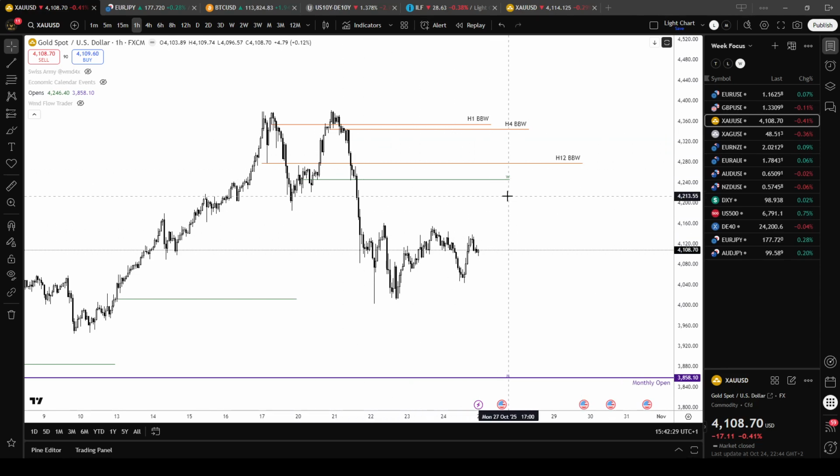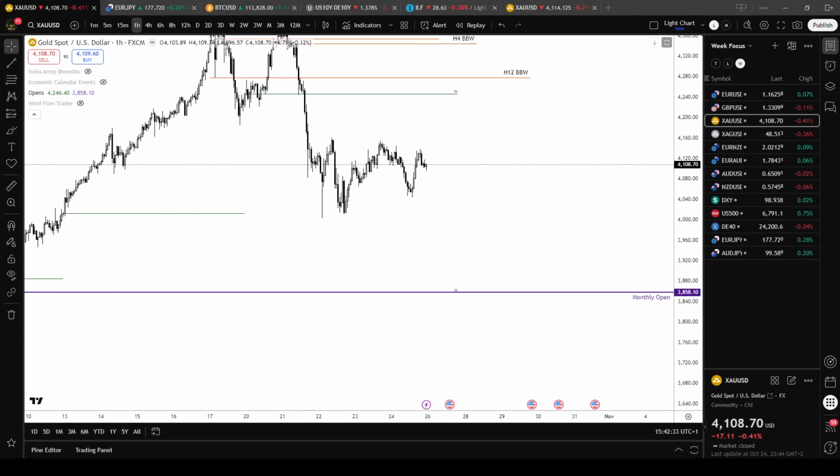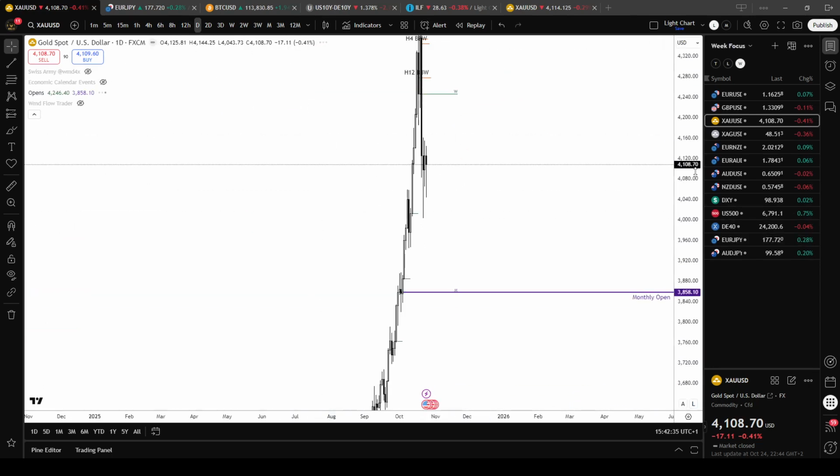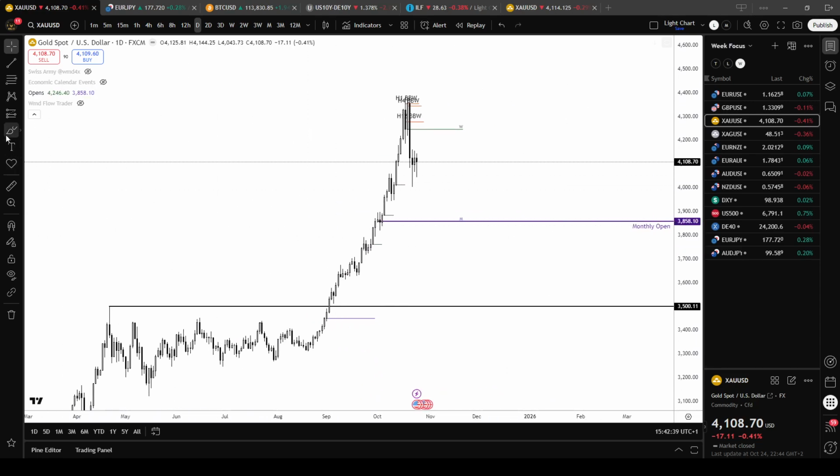I think long term it should keep going higher, and I see a lot of people calling for gold to retest this level here. It's quite far, honestly, and it doesn't make any sense to be calling for these targets, especially when the macro landscape has not changed.